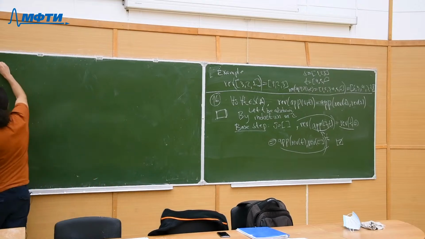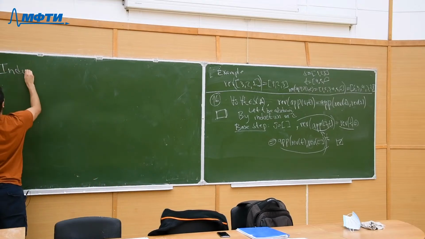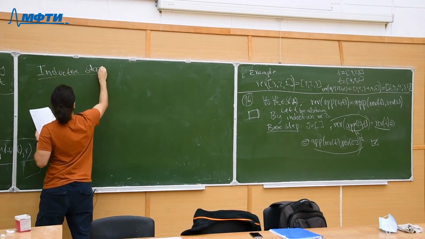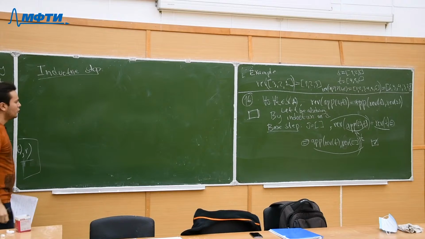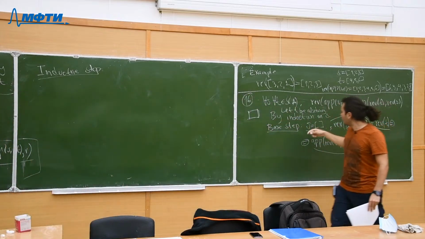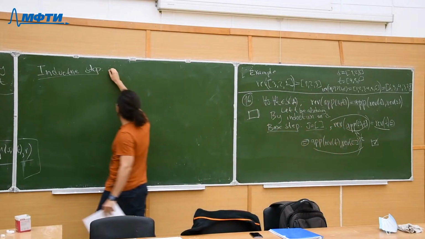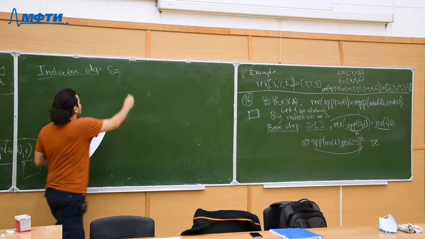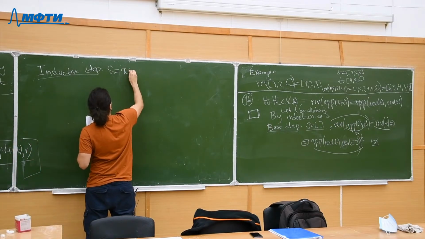So the inductive step, right? We already did this for the empty string. Now what is going to be equal S? Yes, so this is going to be X column S prime.